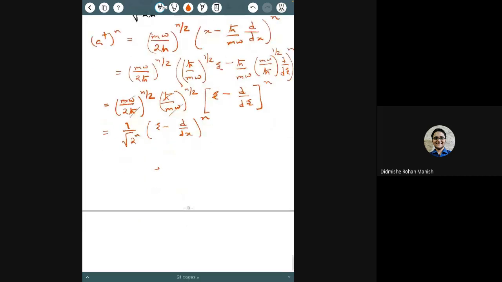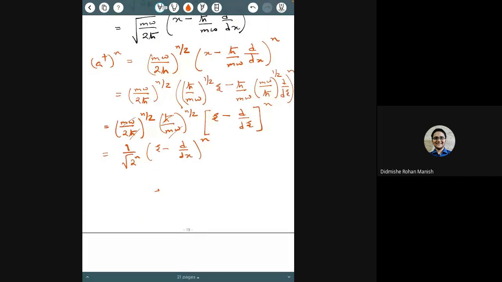Therefore, psi n of xi looks like 1 by root of 2 to the power n factorial, times m omega by pi h cross to the power 1 by 4, times xi minus d by d xi to the power n, times e to the power minus xi squared by 2.